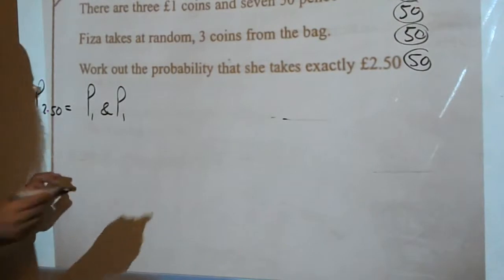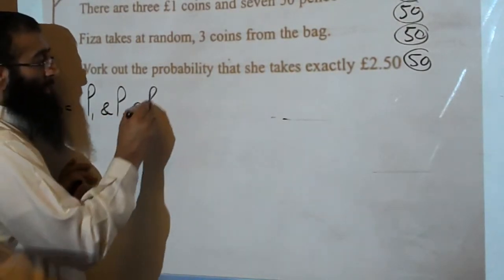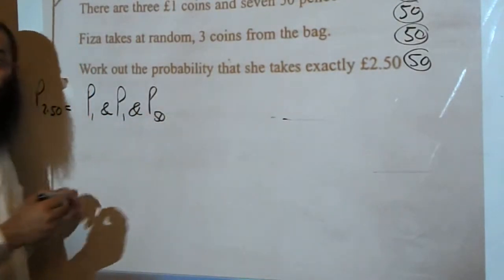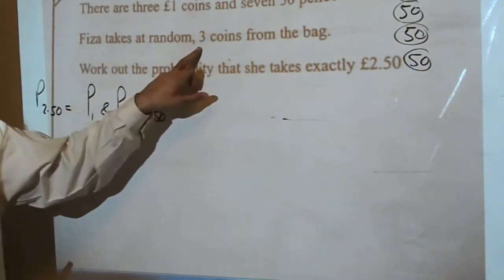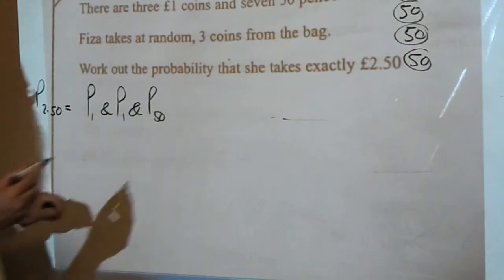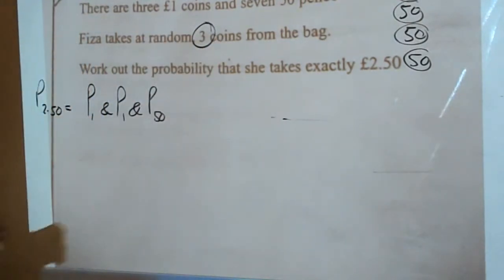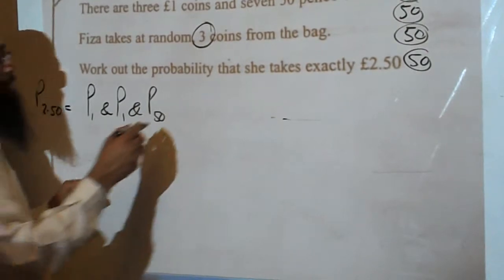and the probability of a £1 and the probability of a 50p. Can't you do 4 50p's? Remember, you only use 3 coins. That's the condition. Is that the only way we can make £2.50? We can change the order of these, can't we?